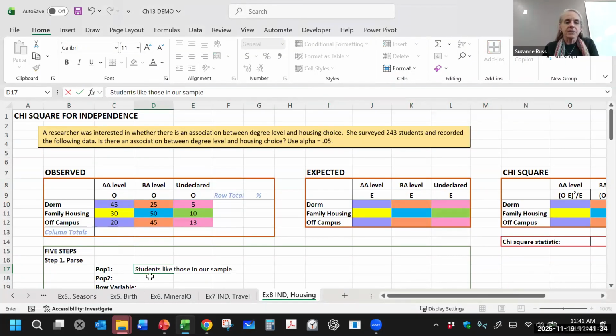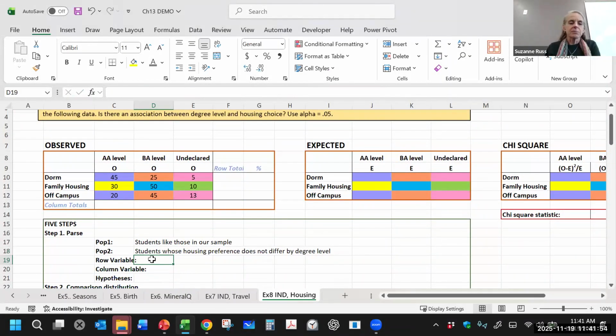And let's compare it to students whose housing preference does not differ by degree level. This is like the degree that they're seeking. So our row variable is housing preference. We have 3 conditions.